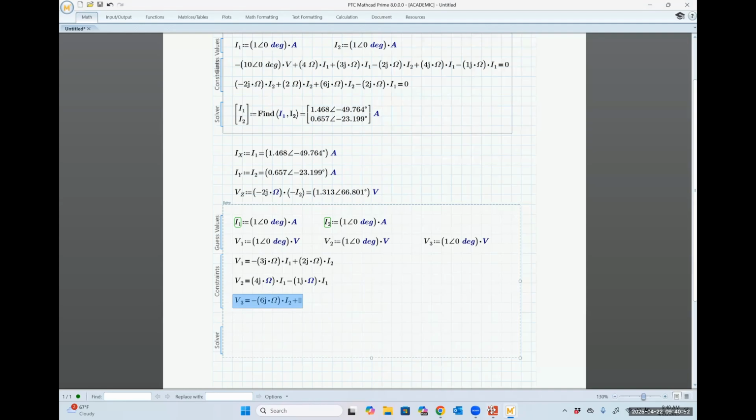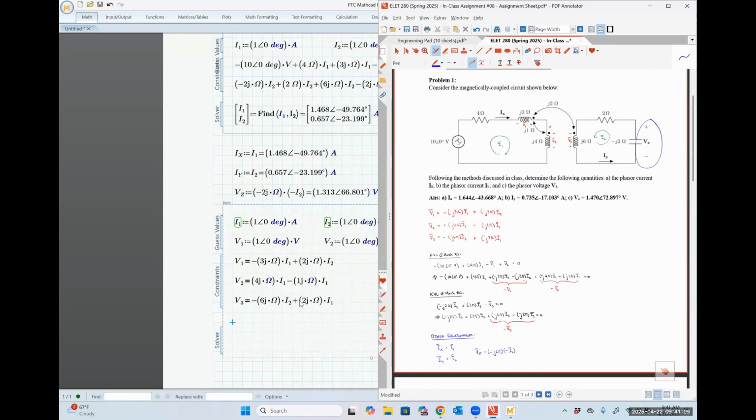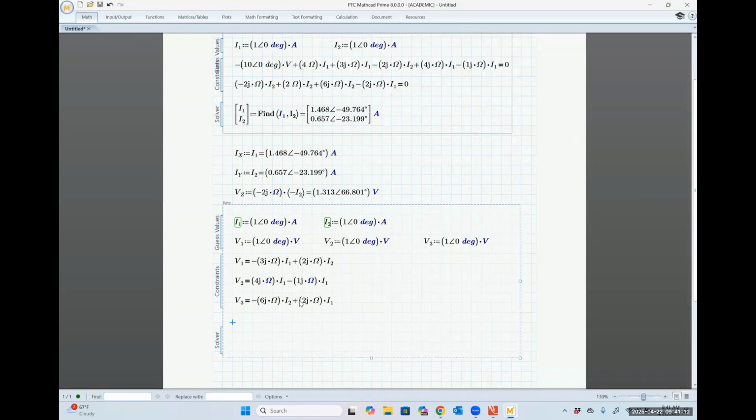There we go. Now we're doing those two KVL equations. So that's negative 10 plus 4 ohms I1 minus V1. So let's see. Minus V1 plus V2, control equals to 0.